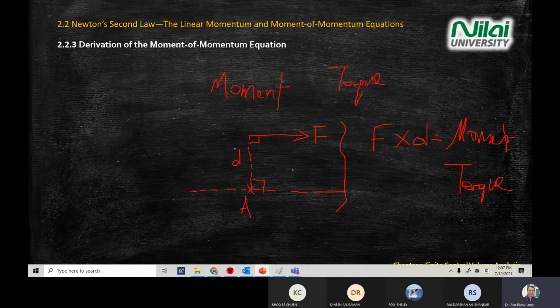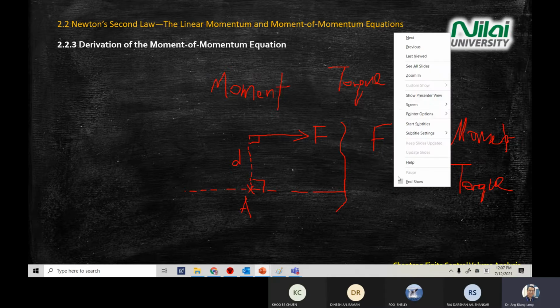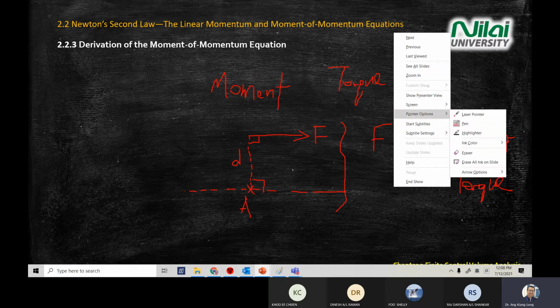So this action, force times the distance from a reference point, will give you moment or torque. What is the effect of this force? It is going to create a rotation effect.